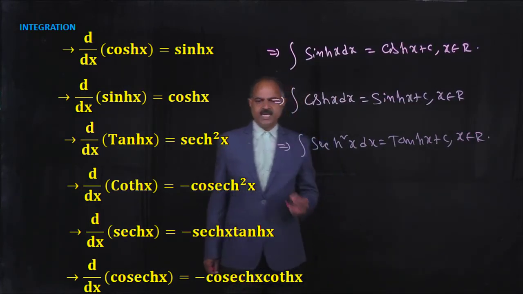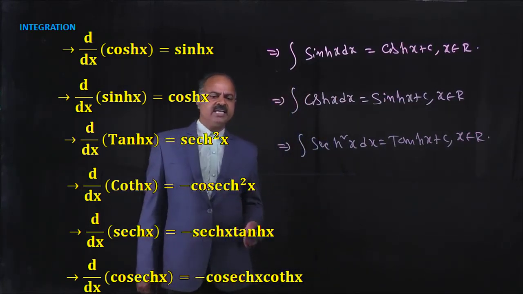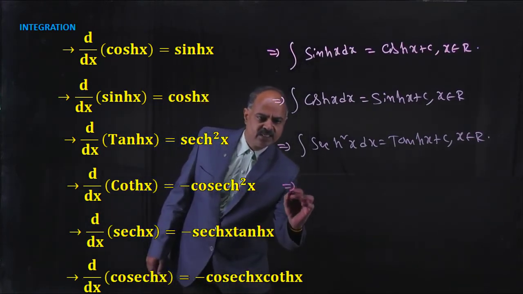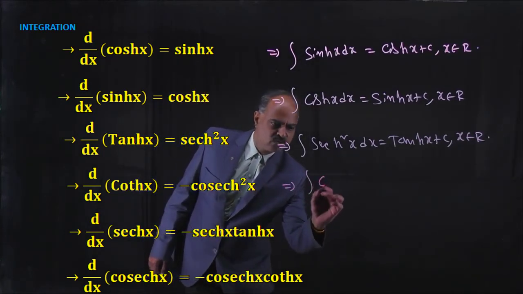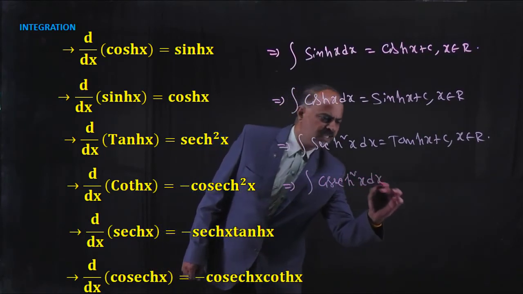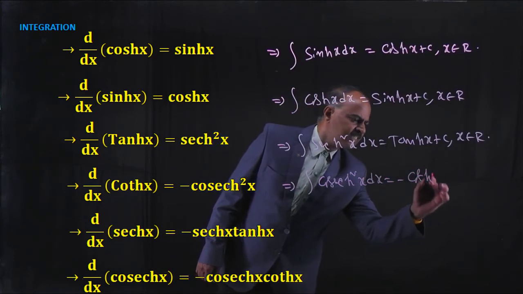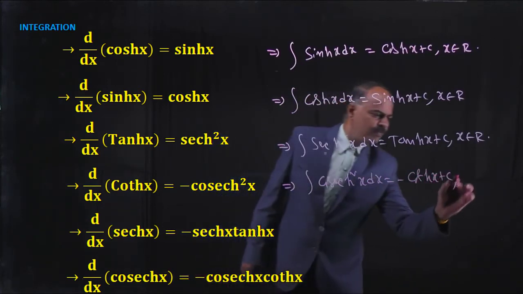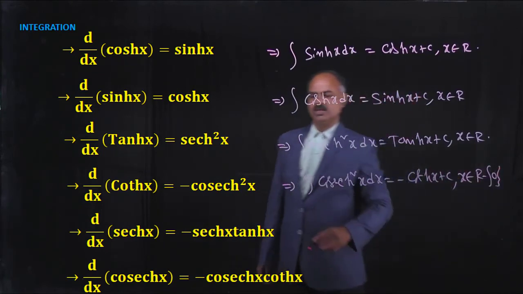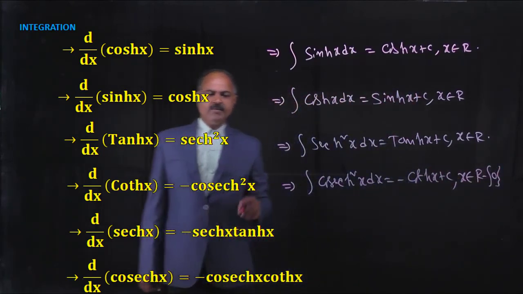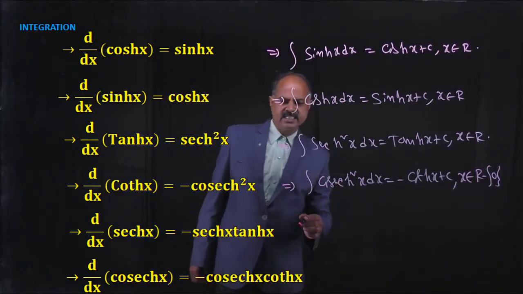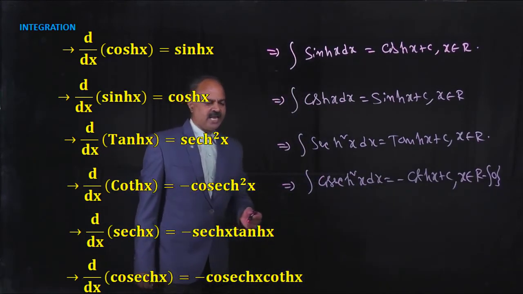We know that d by dx of cot hx equal to minus cosecant h square x. So here this implies integral cosecant h square x dx equal to minus cot hx plus c, x belongs to R minus 0. So next, d by dx of secant hx equal to minus secant hx into tan hx.